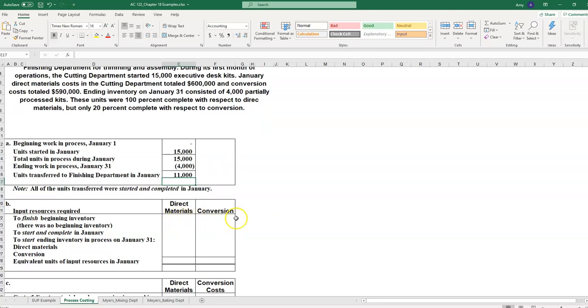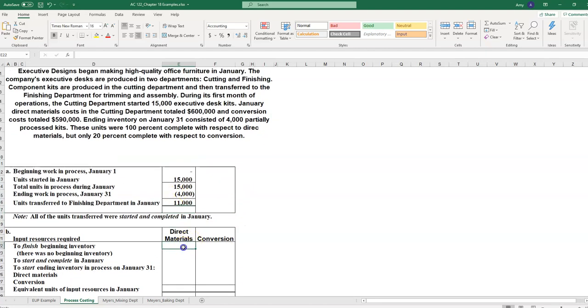Now we're going to look at what our equivalent units are. We had 0 beginning inventory. We just calculated that we had 11,000 started and completed during the month. Now we're going to look at the 4,000 in our ending work in process inventory. Let's read the sentence about those. These units were 100% complete with respect to direct materials, but only 20% complete with respect to conversion.